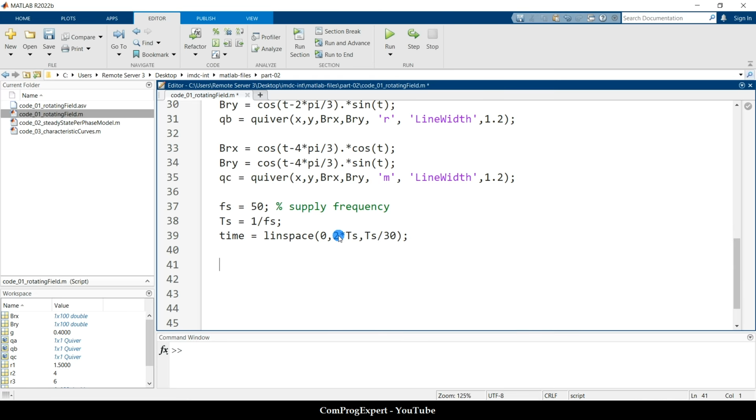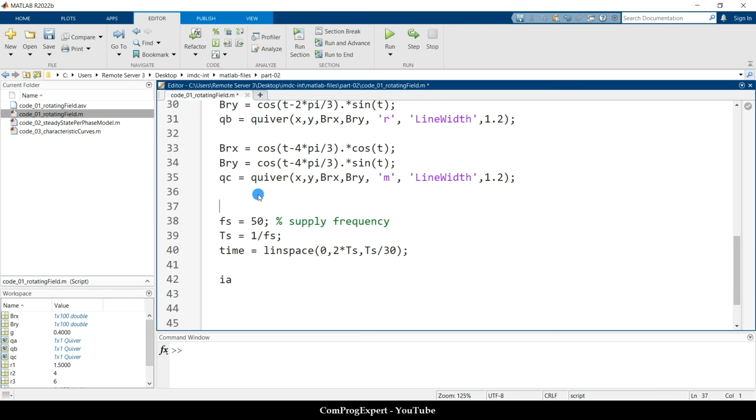So I want to consider this value for the current of the phase A. Here, this is the number of points that we consider between 0 and 2 times Ts. If I consider this a time step, actually I should divide the full period by this point.